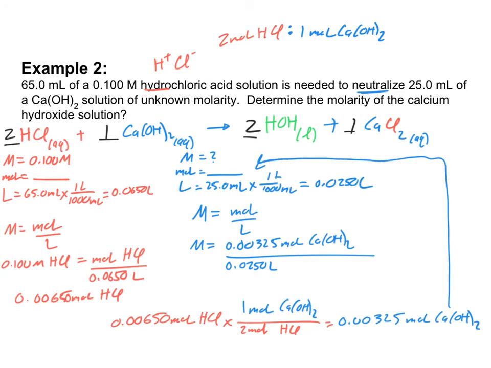So 0.00325 divided by 0.0250, I get molarity is equal to 0.130 molar Ca(OH)2. So there's that.